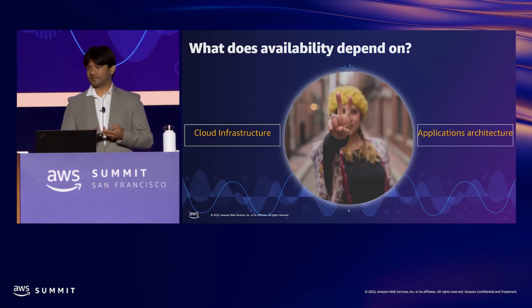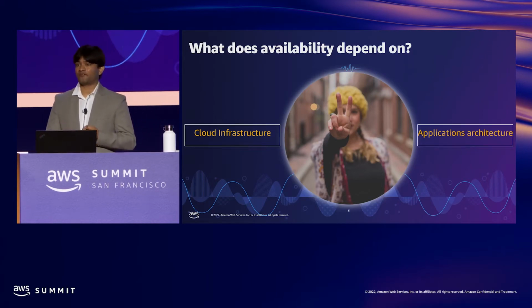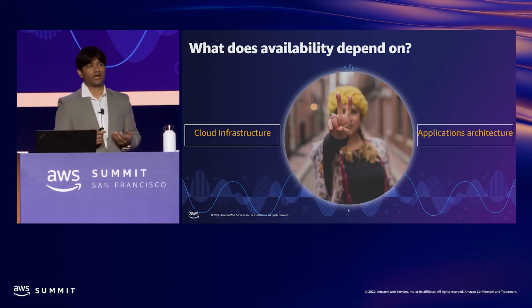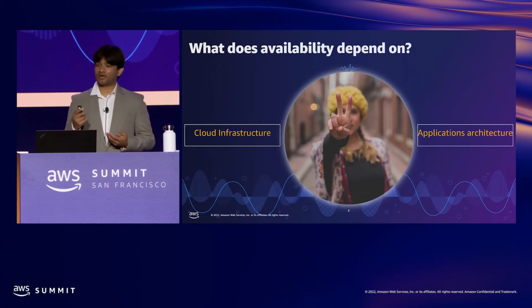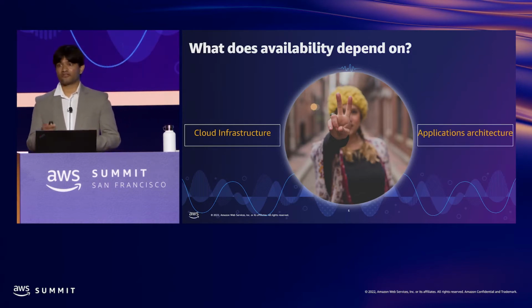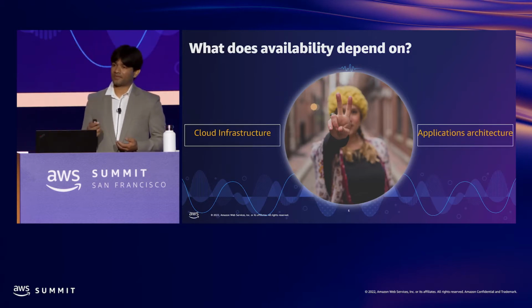It depends on 2 things. First, how the platform infrastructure that AWS has built for you plays a major role in achieving high availability SLAs. And the second is how you architect your application, which will also determine how available it is.